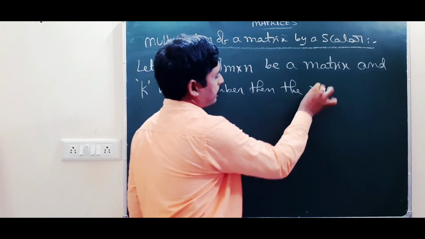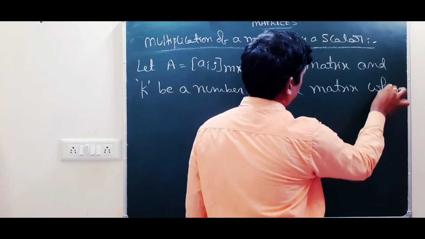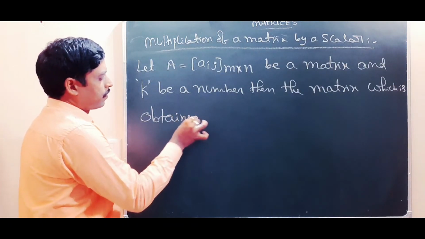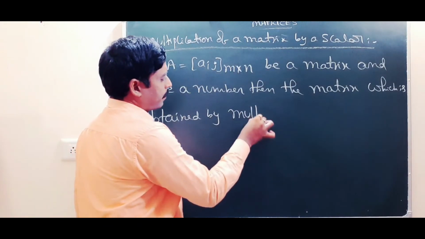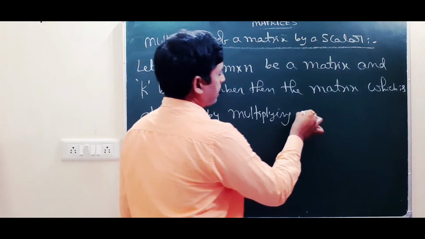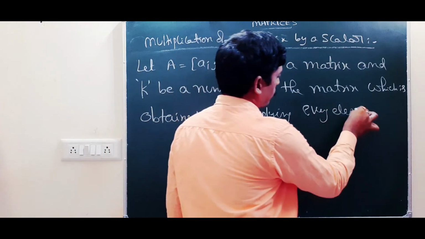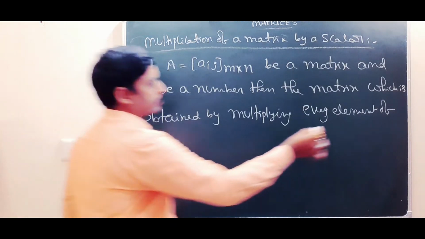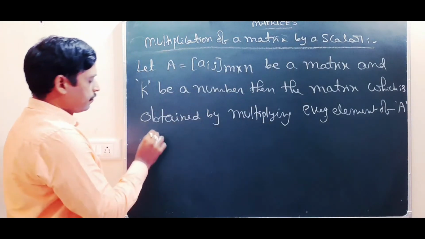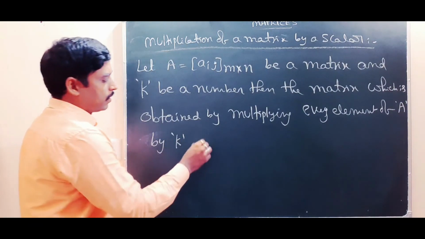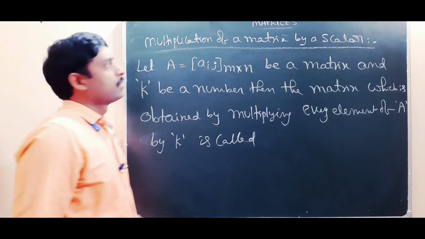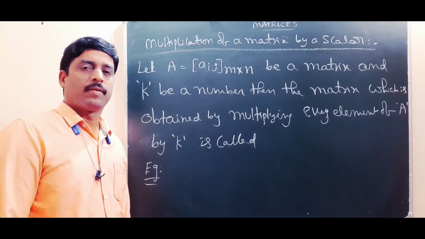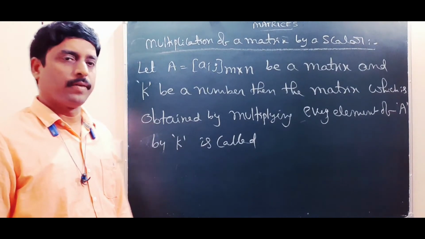Then the matrix obtained by multiplying every element of A by K is called multiplication of a matrix by a scalar.